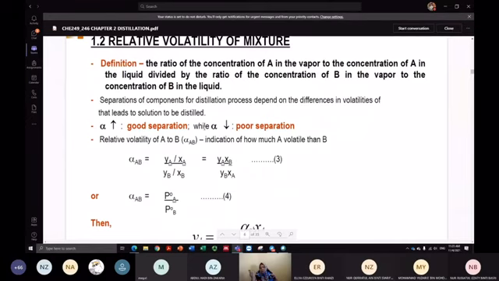So better not to proceed. This value of alpha will give you a good decision before the cost is incurred.